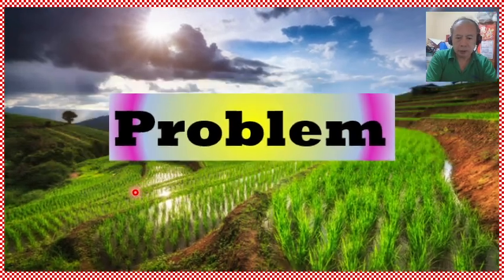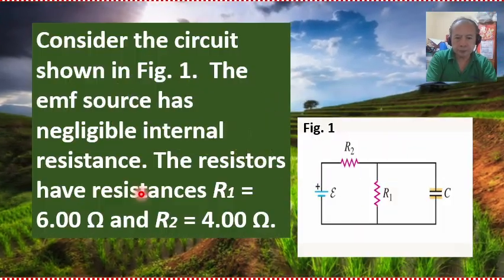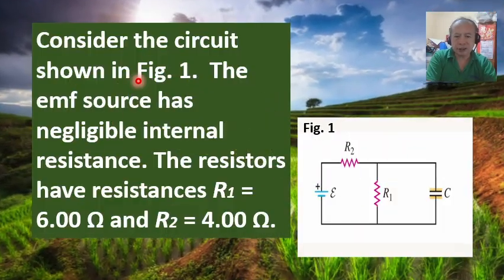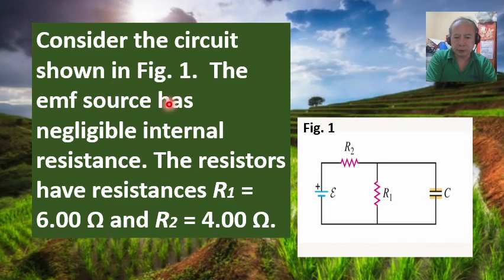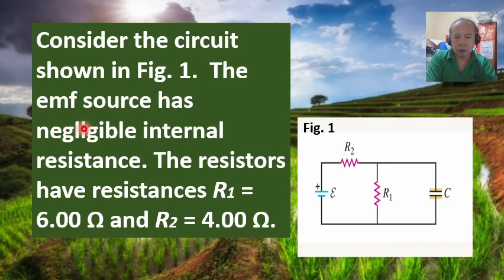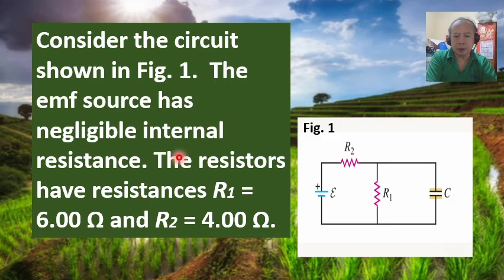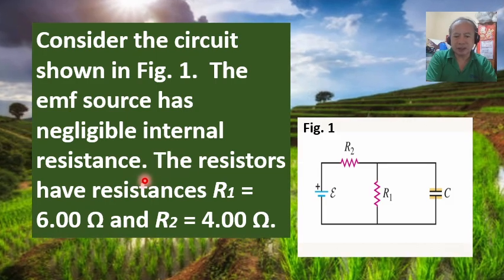Here is the problem. Consider the circuit shown in figure 1. The EMF source has negligible internal resistance.